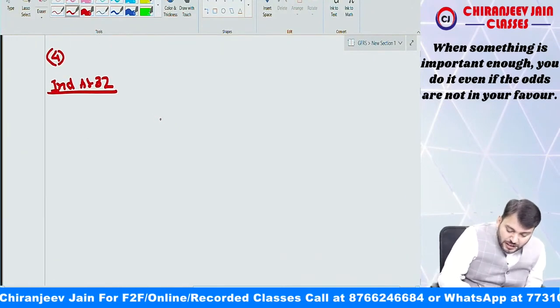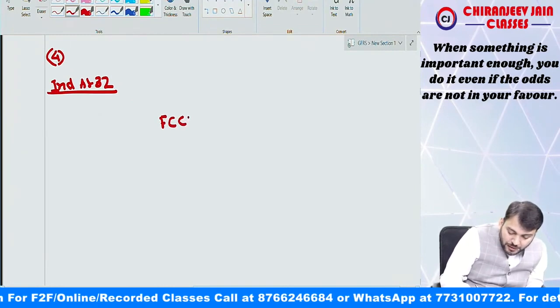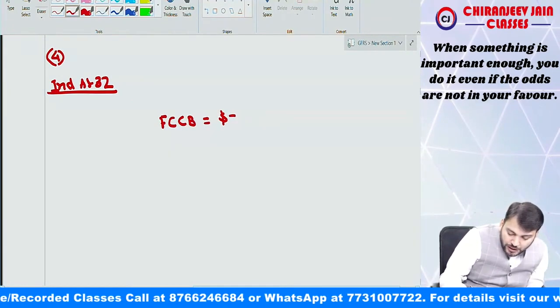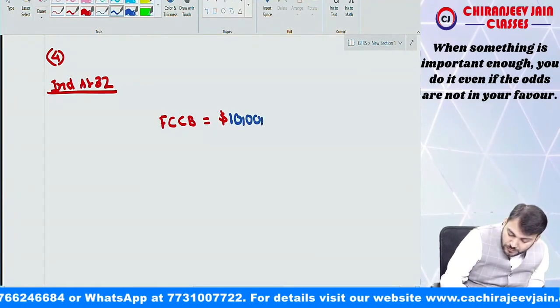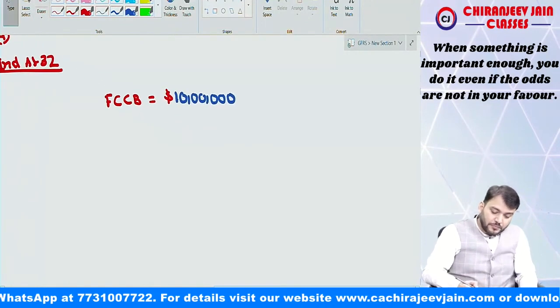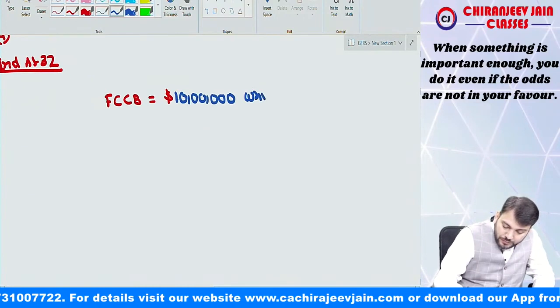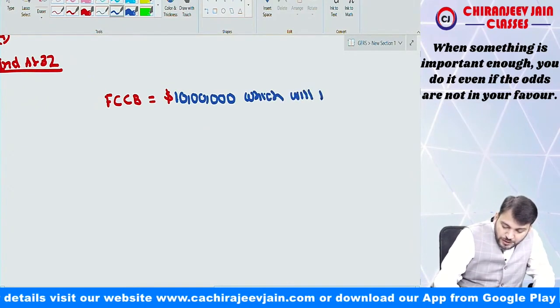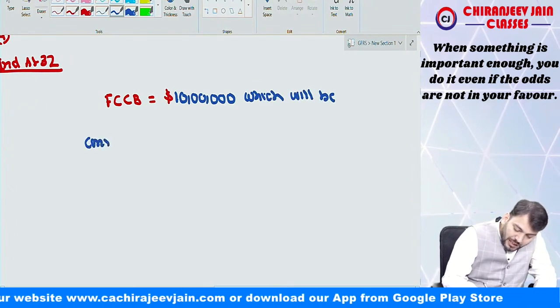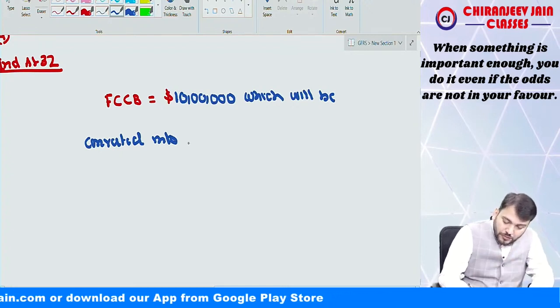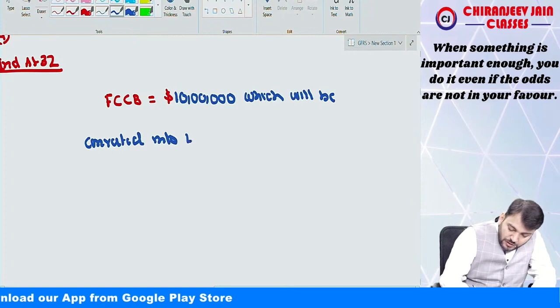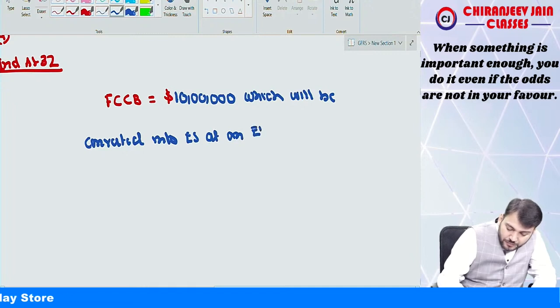Suppose there is a foreign currency convertible bond of dollar 10 lakh, which will be converted into equity shares at an exercise price of rupees 20.